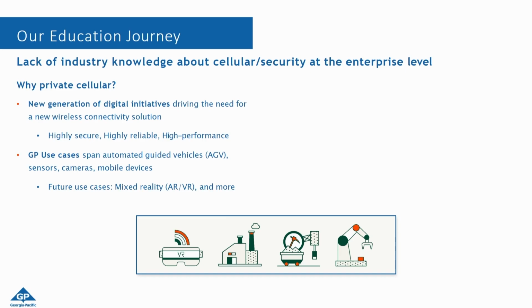So starting off with our journey, why we wanted to pursue private cellular. As technology continues to grow, and our businesses continue to evolve, we want to make sure that we don't depend on just one form of networking, Wi-Fi, for connectivity for our systems. We all have remote locations, or locations where it might be hard to run infrastructure for Wi-Fi.